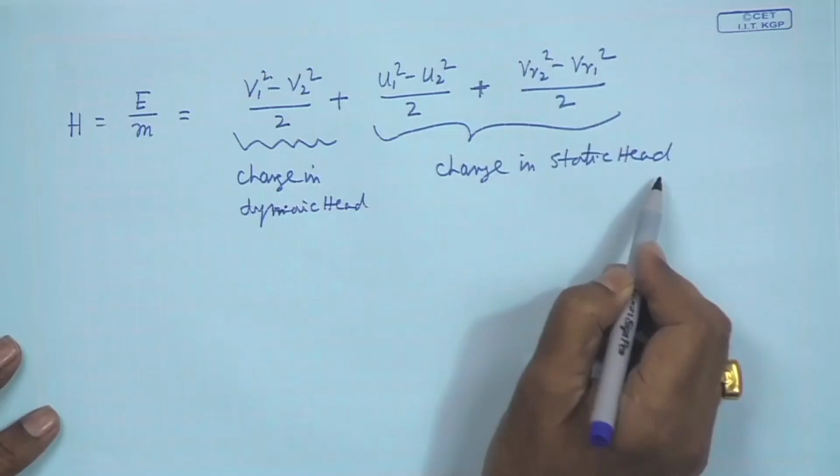Simple Bernoulli's equation, if you discard the viscous effect, will simply give delta P by rho equal to the difference between the squares of the velocities, v2 square minus v1 square by 2. So, the change in the velocity with respect to the rotor, when the rotor is fixed, which depends only on the cross sectional area of the rotor passage, implies a change in the static pressure. So, this is the change in the static head or pressure head.